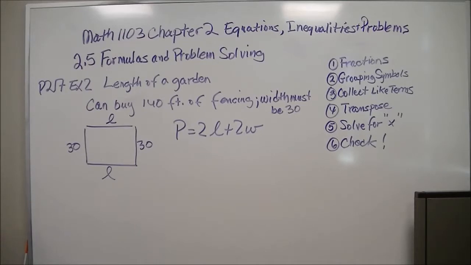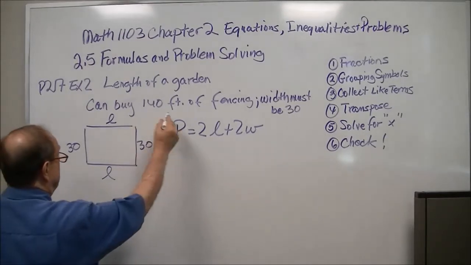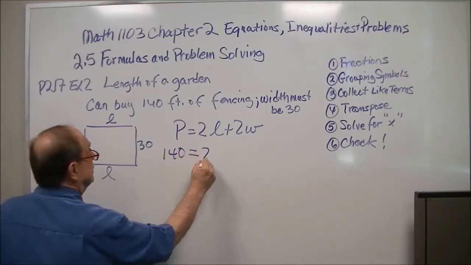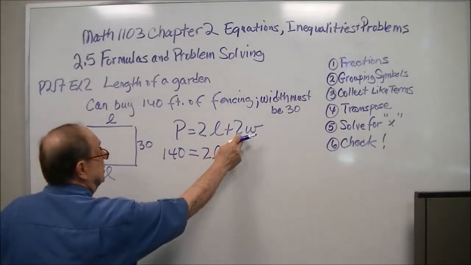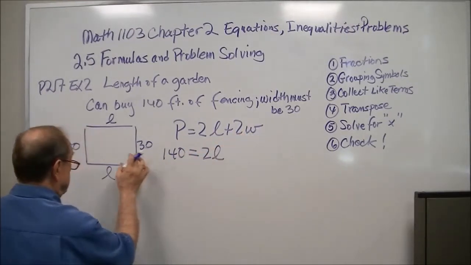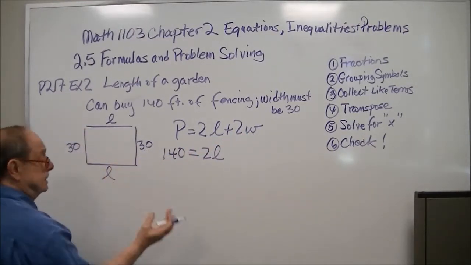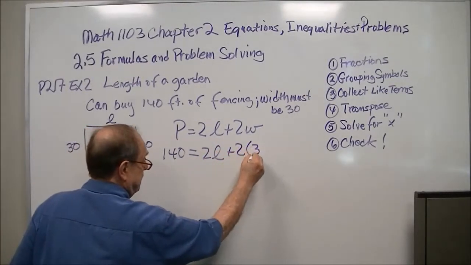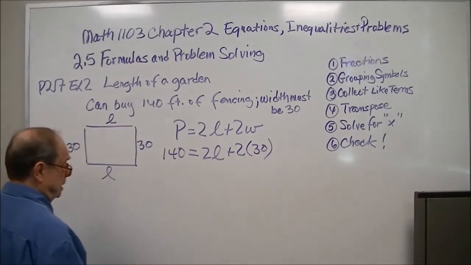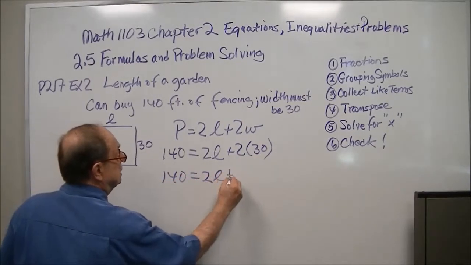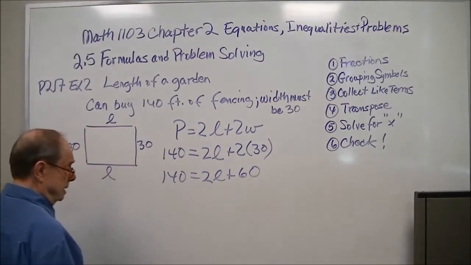So, filling in our formula, we know our perimeter is 140. We don't know our lengths, but we know our widths are 30. So I could put 30 and 30 as 60, or 2 times 30. And then I go 140 equals 2L plus 60.